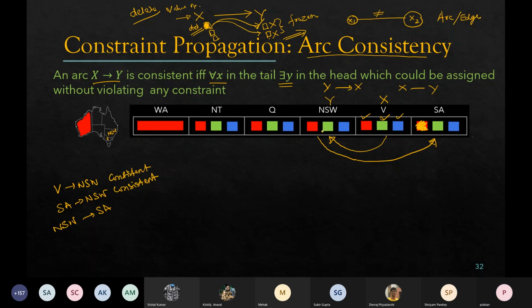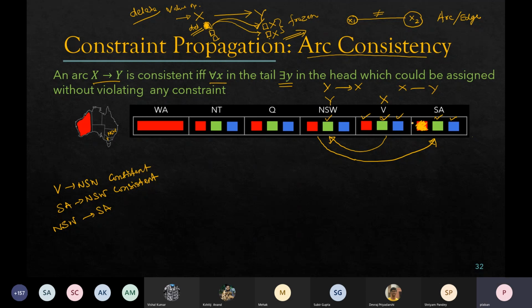Now if I assign green here, we'll be checking each of these, right? So if I assign red here, I have the option to be blue and green, they are safe, right?